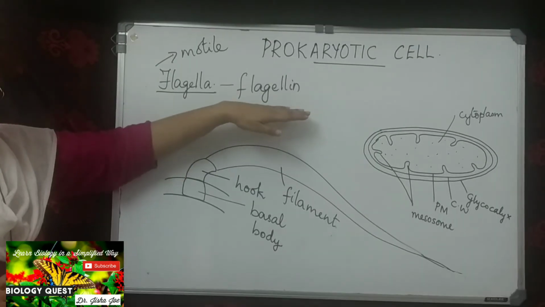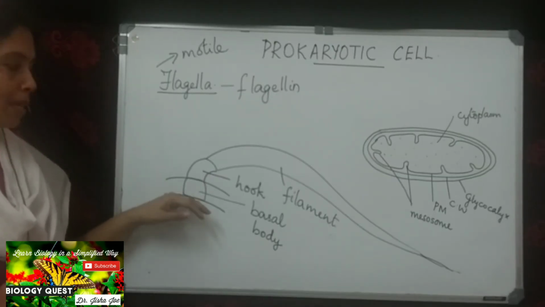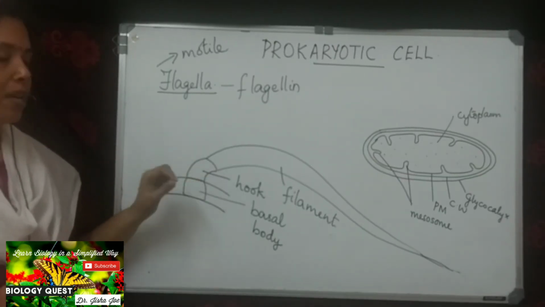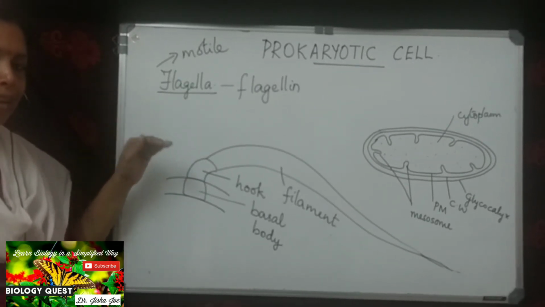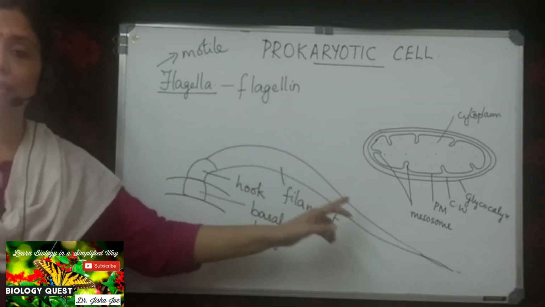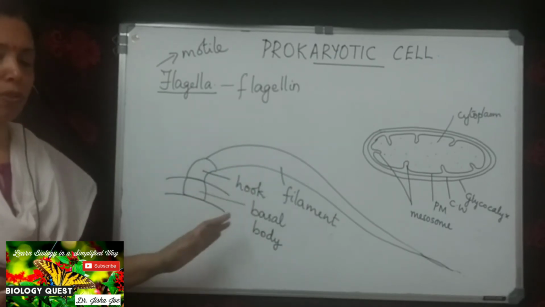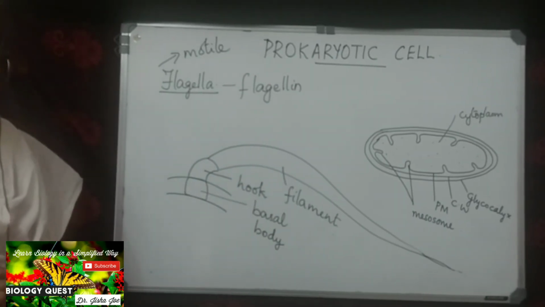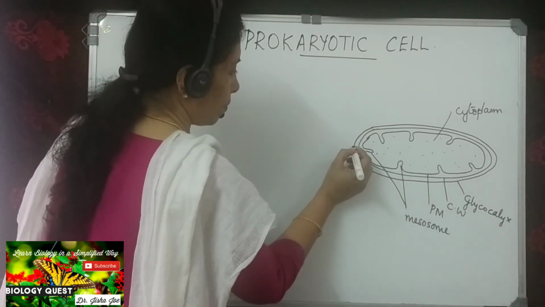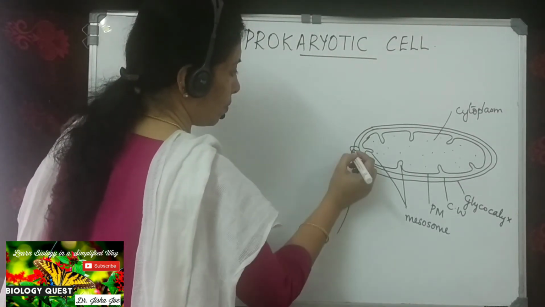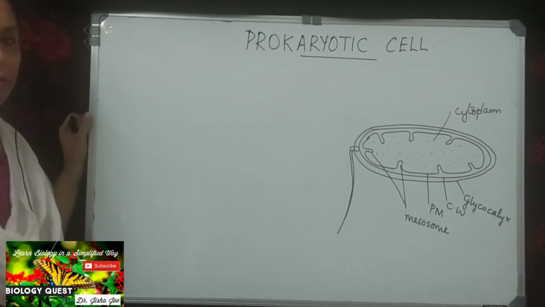They are formed of a protein called flagellin, and each flagellum consists of three parts: the basal body, which is enclosed within the cell envelope, then the hook region that is seen close to the cell, and the outermost long filamentous structure. Now that is the long flagellum that is seen there.